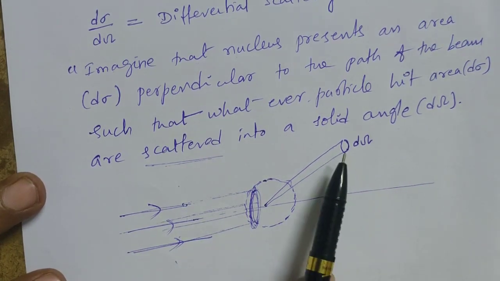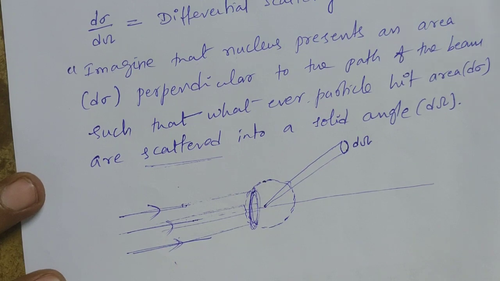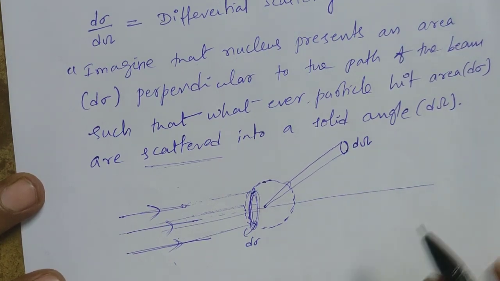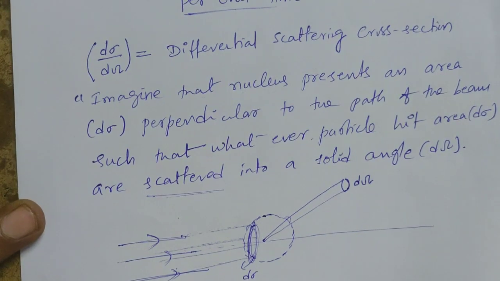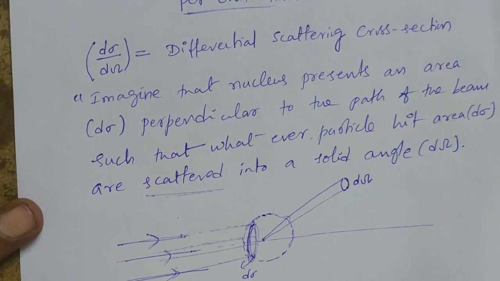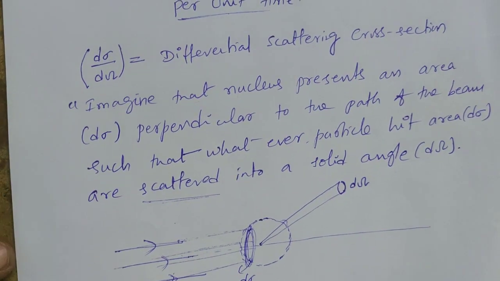That's why the definition of solid angle is important for us. Okay, so this area is d sigma and this is the solid angle, then the ratio d sigma by d omega is called the differential scattering cross section.